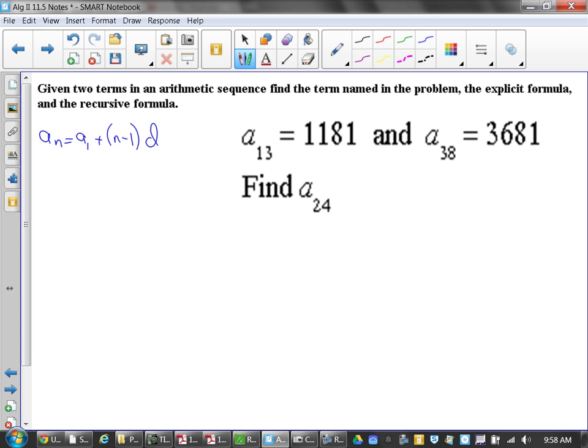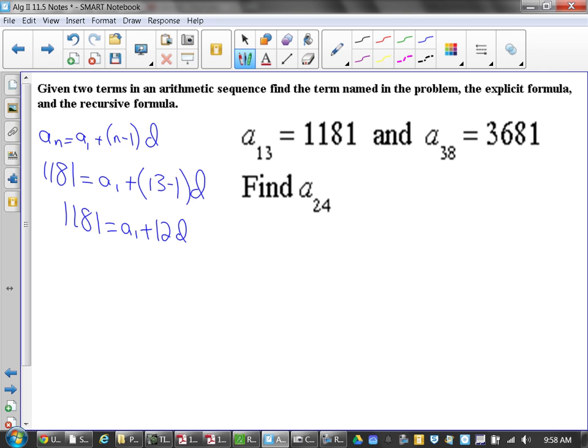So the 13th term is 1181. That's my first term plus 13 minus 1 times whatever my difference is. So it's first term plus 12d. Direct substitution, combine like terms, and go. Everybody okay with that? Yeah.